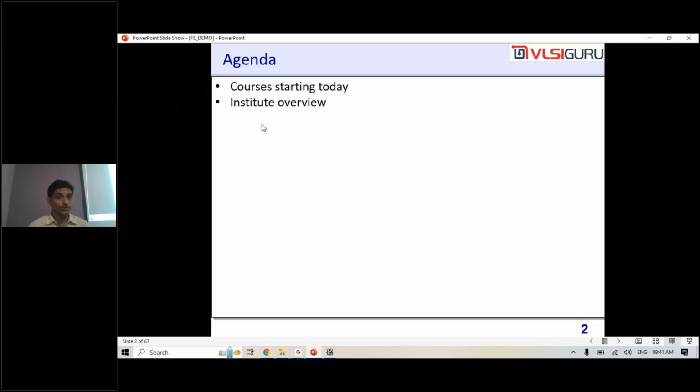Then we'll briefly talk about the institute. We'll then get into a little bit of technical aspects, where we'll start off with understanding basics of some electronic system. The idea is to understand what is VLSI, what is embedded system, just to understand the top level perspective.